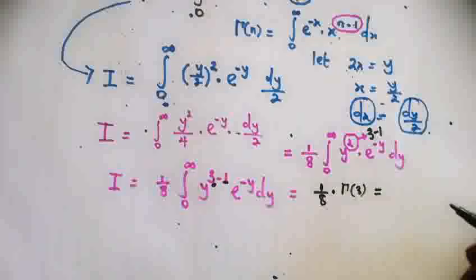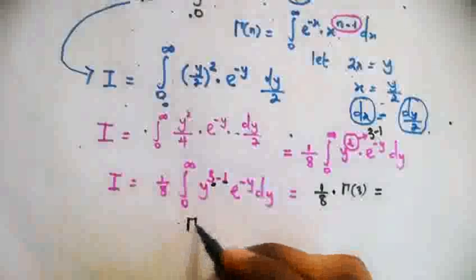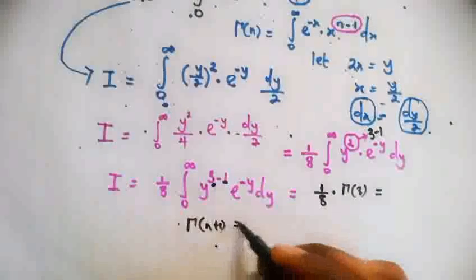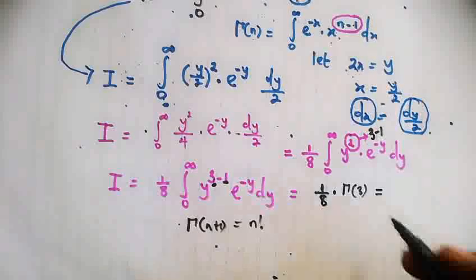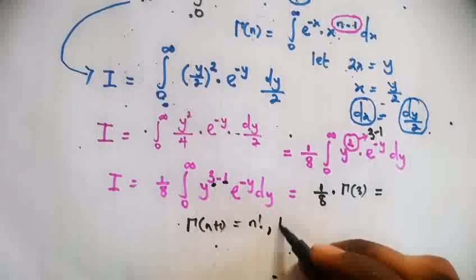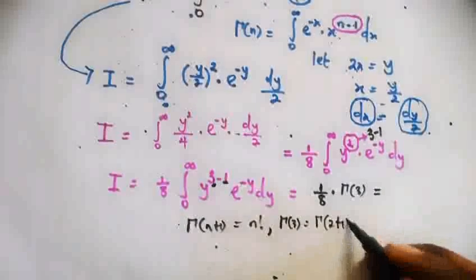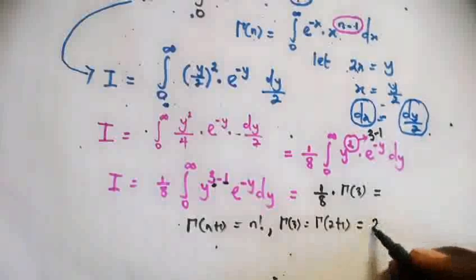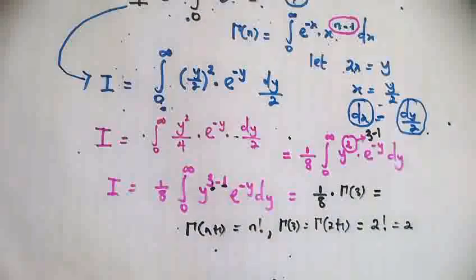Now, how do we evaluate the gamma of 3? Remember that the gamma of n plus 1 is equal to n factorial. The gamma of 3 is equal to the gamma of 2 plus 1, and this is equal to 2 factorial, which is equal to 2.